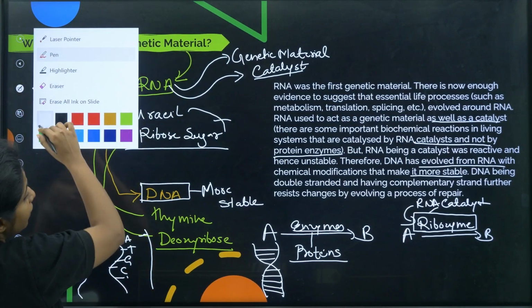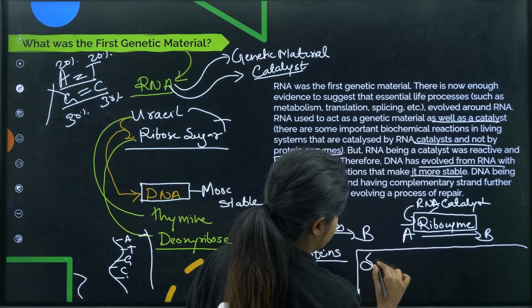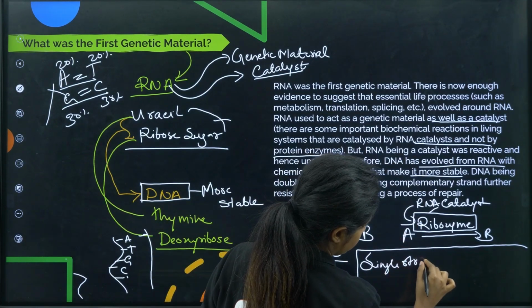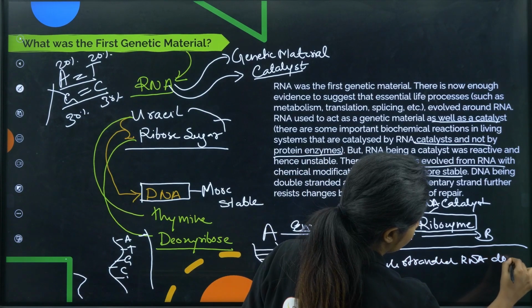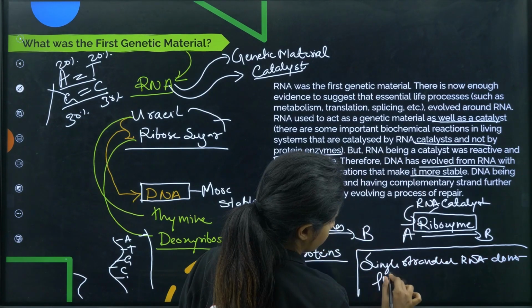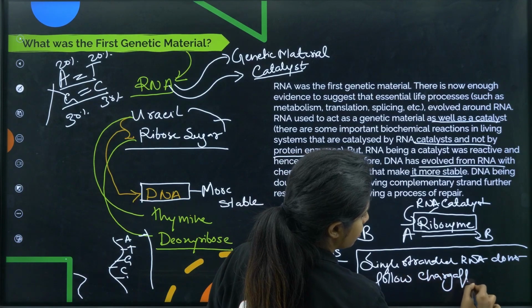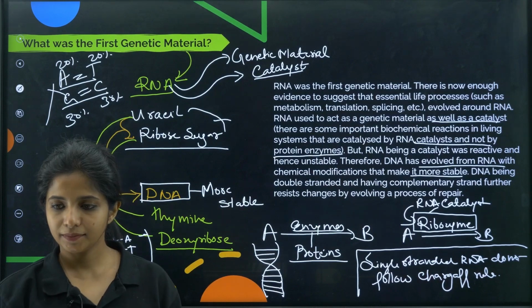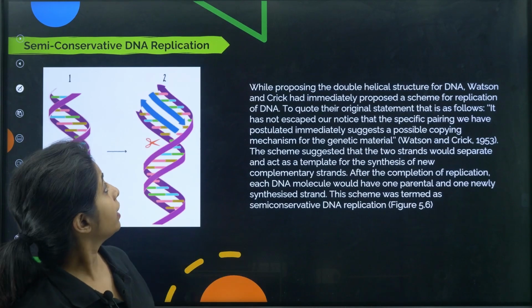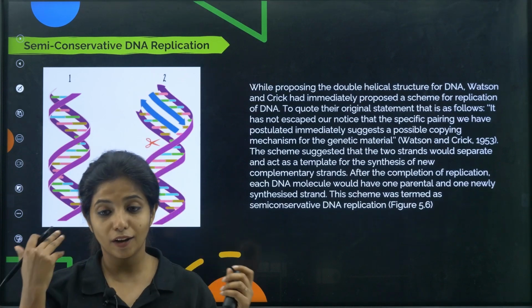So I can say single stranded RNA does not follow the Chargaff rule. Okay. Now, going ahead, the semi-conservative DNA replication, and this is a topic that I love so much.